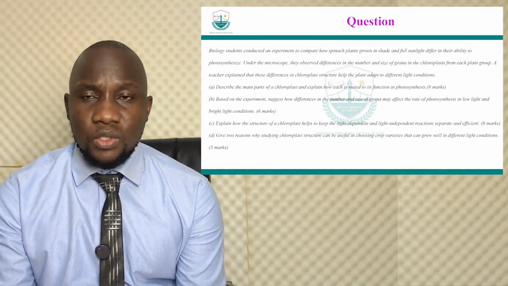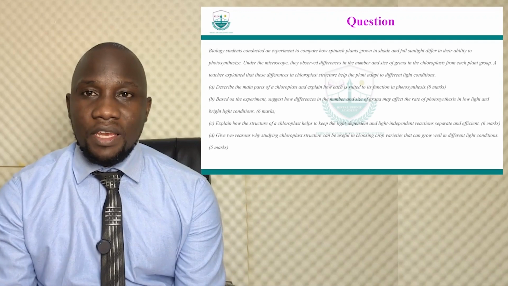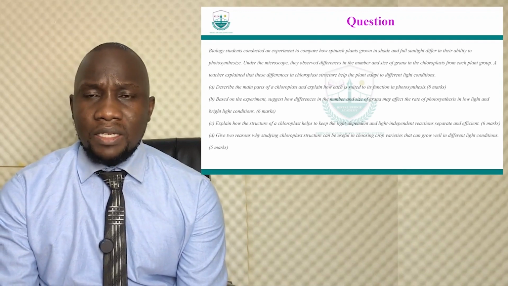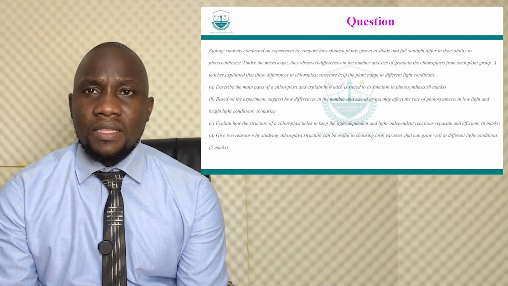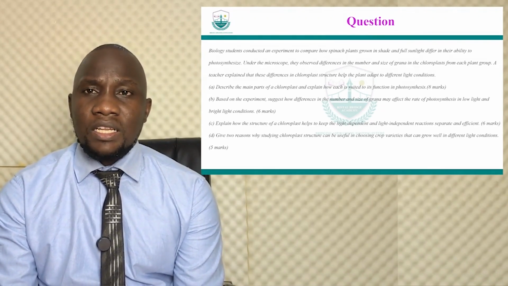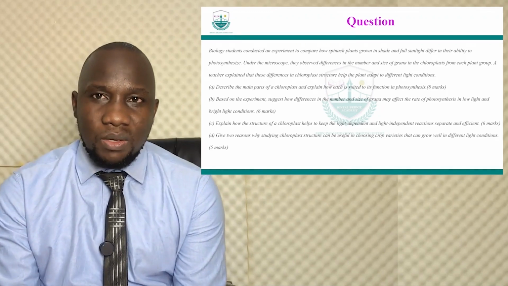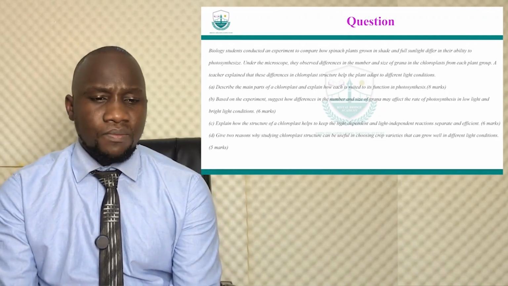Because we actually know that these two stages actually happen within the chloroplast. But what makes the chloroplast to be very efficient in handling these two stages within the same organelle, which is the chloroplast that we are talking about here?